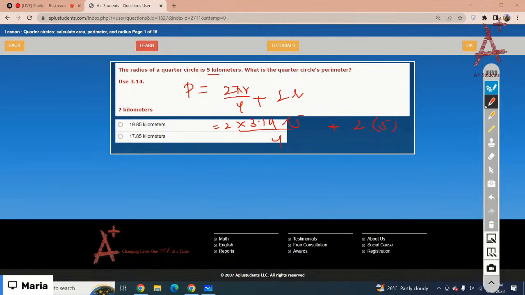Got it? 31.4 divided by 4 is 7.85, and 7.85 plus 10 is 17.85.